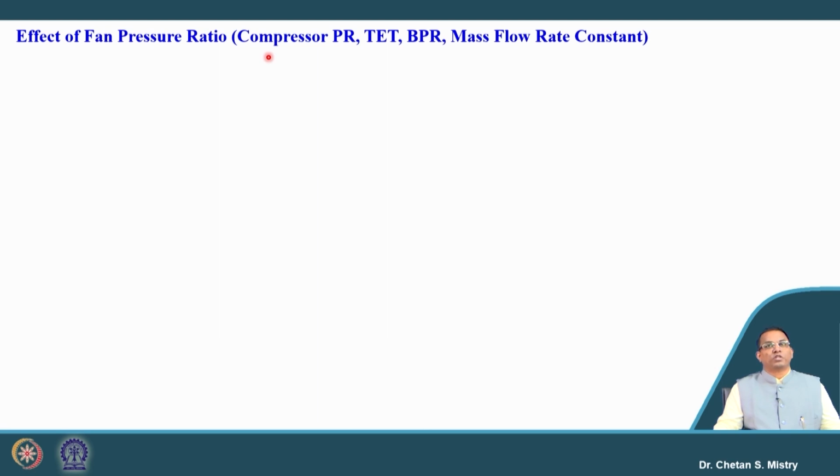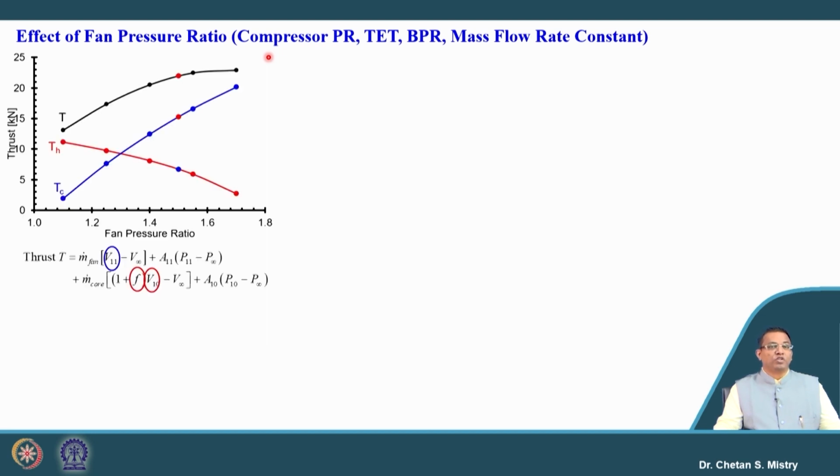That is also possible, maybe as and when required. In a later case, I will show you what exactly we mean by this carpet plot. Okay. So, let us look at the first parameter, it is the fan pressure ratio. So, here in this case, this is representing our variation of fan pressure ratio versus thrust.